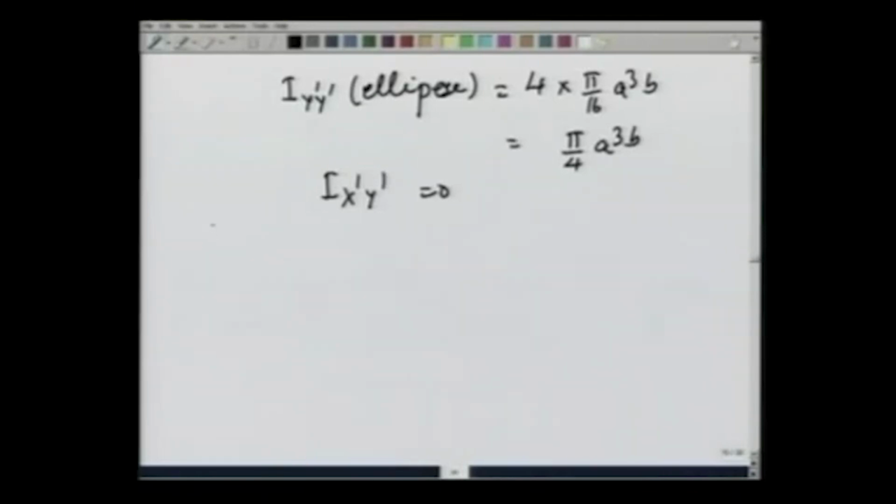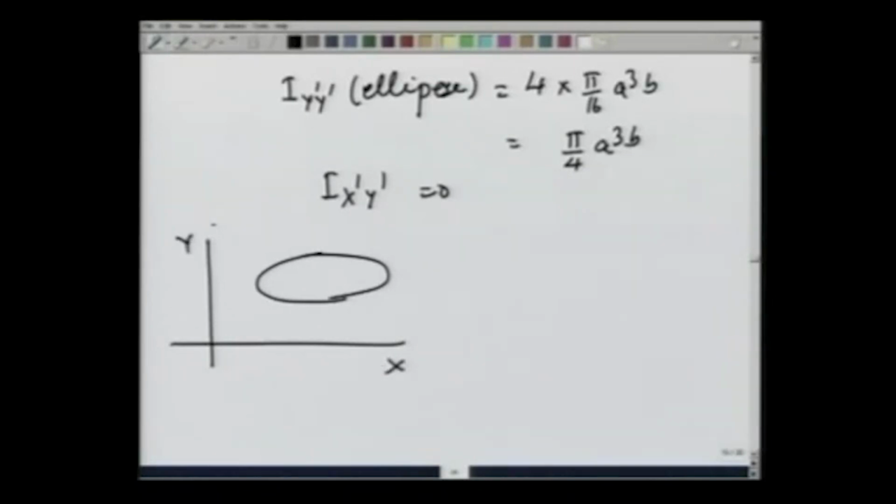Therefore, for this ellipse, we will have I x x as pi by 4 a b cubed, which is the second moment of area about the x prime axis passing through the centroid, plus y0 square times pi ab, where pi ab is the area of the ellipse.